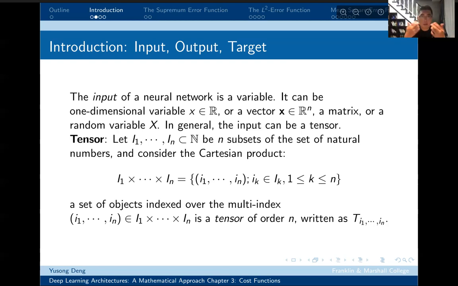Then a set of objects indexed over the multi-index I1 to In is a tensor of order n, and most of the time we write it as t with indices I1 to In.